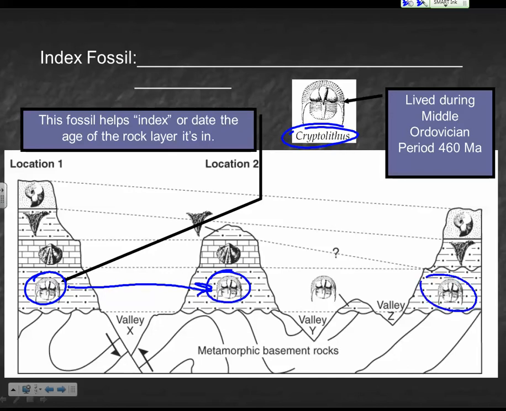And over here, same thing, 460 million years ago. You might find it a little bit in these layers right here, but you're not going to find it up here because it didn't live during that time period. You're going to find other fossils.